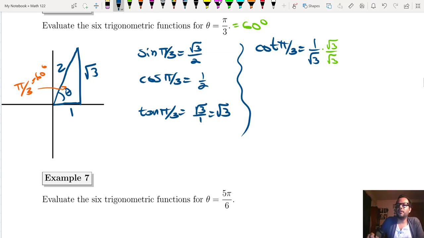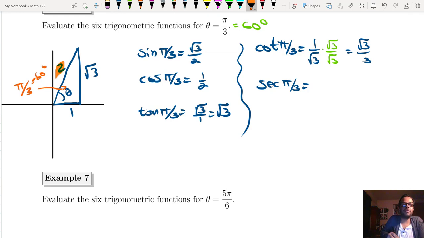Okay, so this is root of 3 over 3. Secant pi over 3 equals the reciprocal of cosine, which, by the way, in this case will be hypotenuse over adjacent. That's the definition of secant. All right, that is 2 divided by 1, which is simply 2.